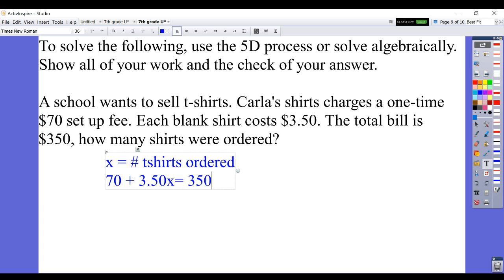We're assuming we don't have to worry about tax or anything like that. So $70 for the setup fee plus $3.50 times the number of t-shirts has to equal the $350. All right, so again, if you're going to do 5D, make sure you're showing your process there as well. Now, if we're solving this algebraically, I am going to start by subtracting 70 from both sides.